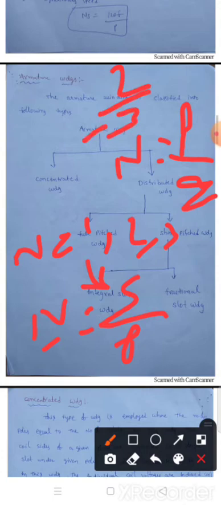If n equal to p by q form, that is a fraction like 2 by 3, then it is called fractional slot winding. I hope you understand the basic concepts.